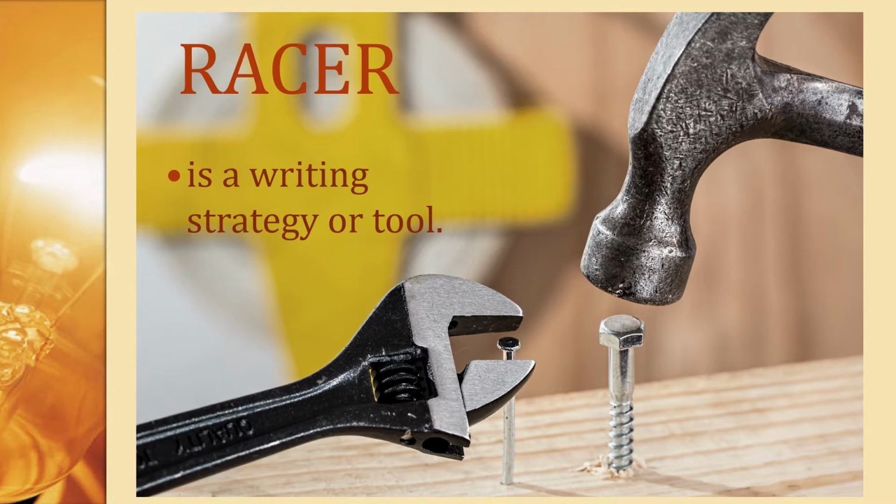So on the left-hand side, you have a wrench with a nail, and then on the right side, you have a hammer with a screw. So that's backwards. The hammer should be for the nail, and the wrench should be for the screw. So that's the purpose of RACER, is to make sure that you use it appropriately, okay?